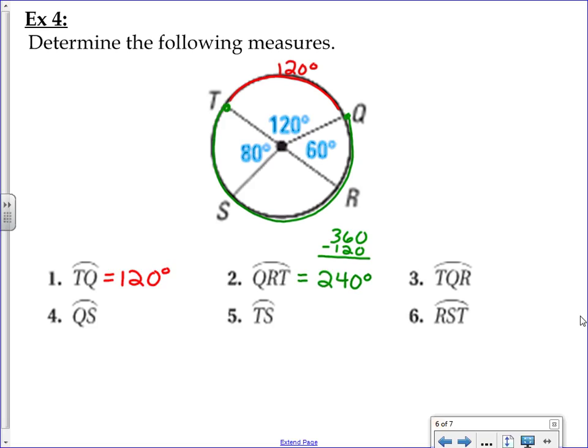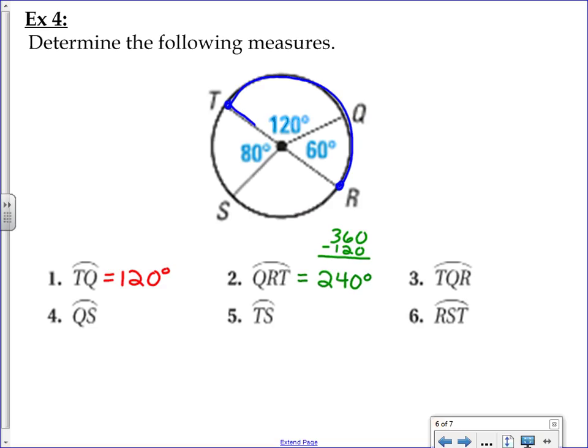Okay, so now let's take a look at arc TQR. So I'm just going to erase what I have here. I'm going to follow TQR. Okay, you'll notice that I can solve this one of two ways.